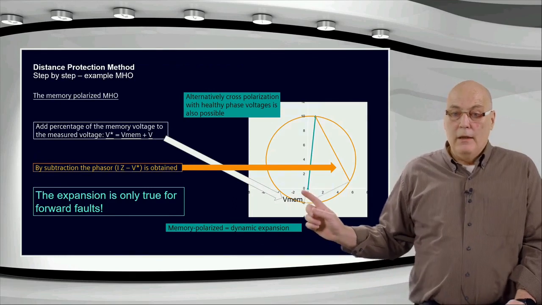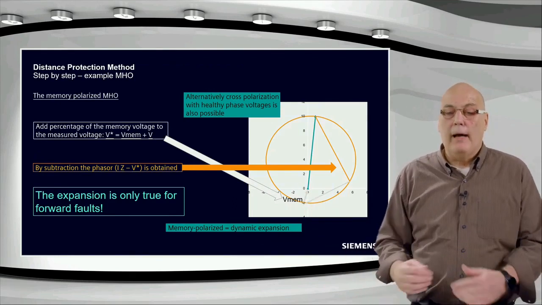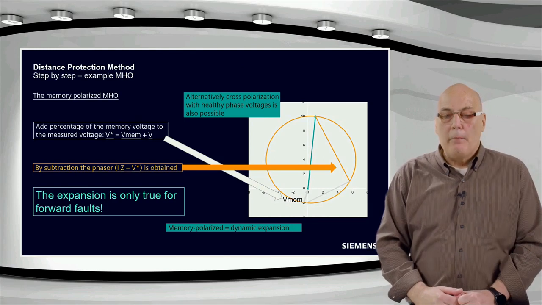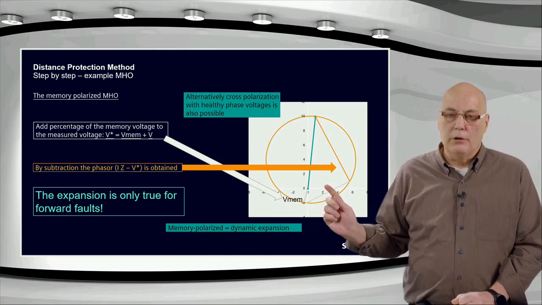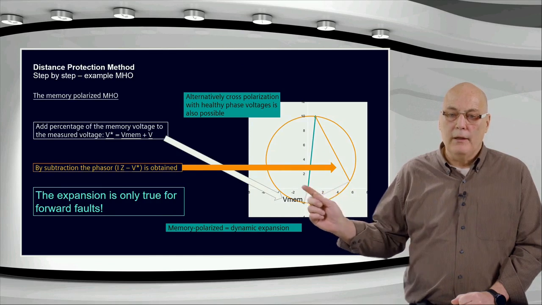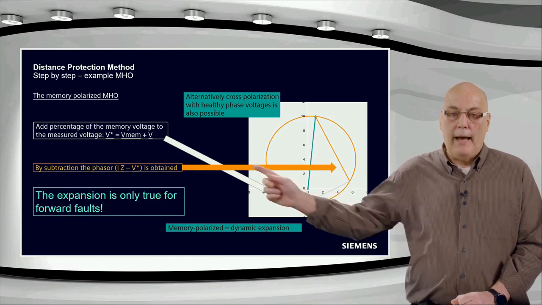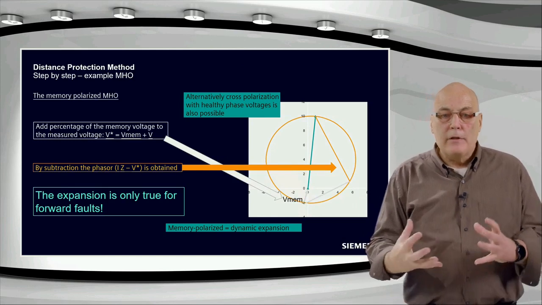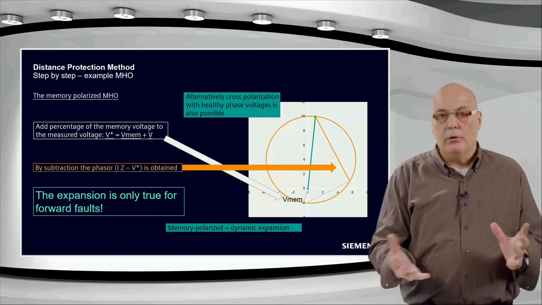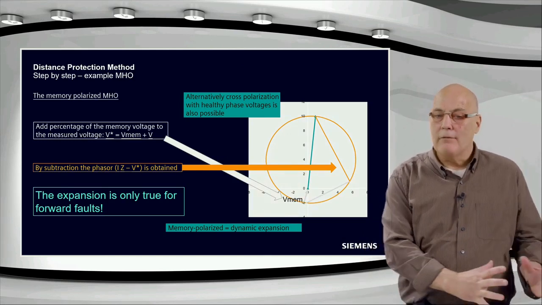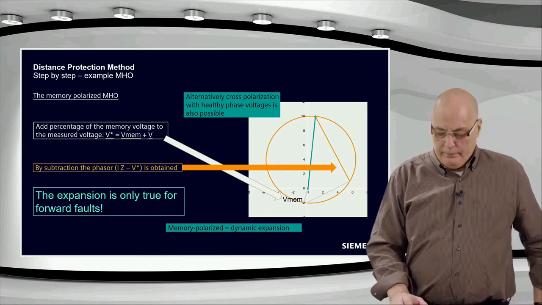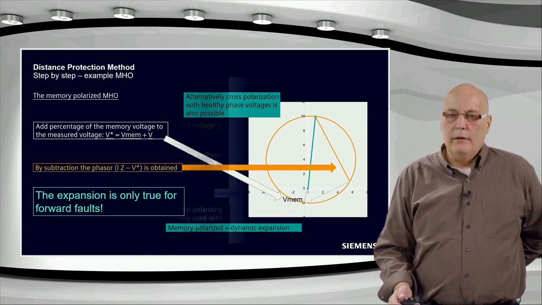The offset is done by adding a polarizing voltage to the measured voltage. Remember we had the measured voltage, which was from the blue to this origin over here, and we just shift this measured voltage by adding to it a certain portion of memory voltage or healthy phase voltage, a polarizing quantity. I'll show another example here.